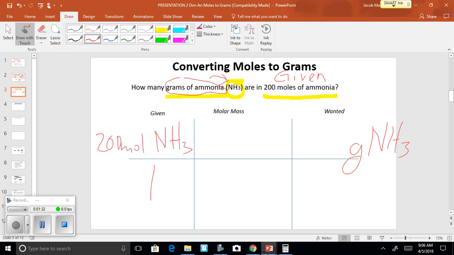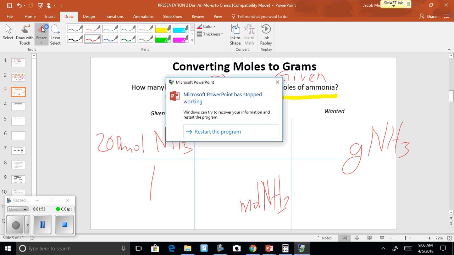So let's cancel out the given units. Where am I going to put it in these two boxes? Am I going to put it in the top or in the bottom? I have to put it diagonal so they can cancel out. So I'm going to put it in the bottom. So there's my moles of NH3.